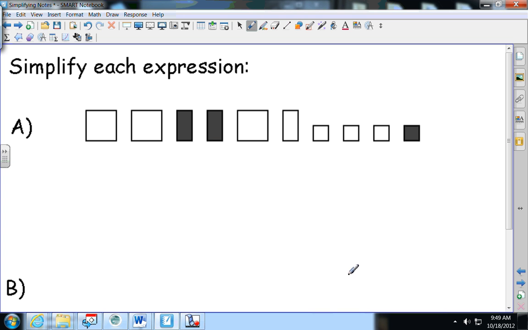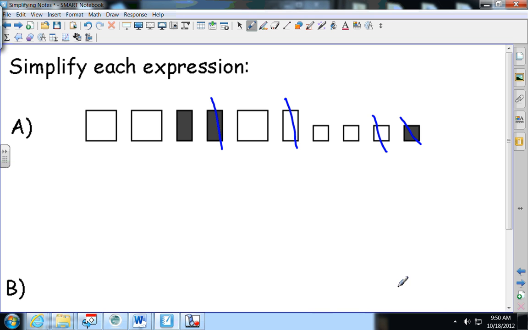It says they want us to simplify each expression right here. What we're going to do is find the things that are alike and eliminate our zero pairs. I see a 1 and a negative 1. They cross each other out and they go away. Another zero pair is an x and a negative x. Are there any other like terms that we can get rid of?